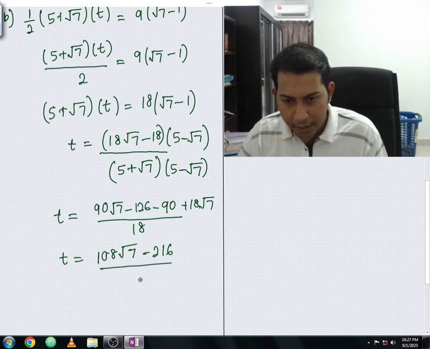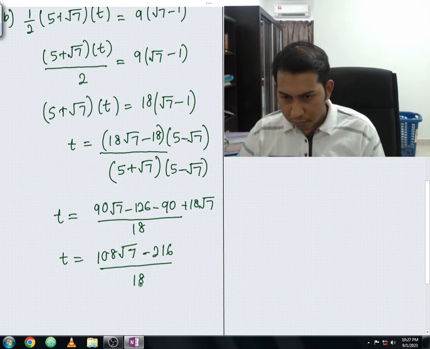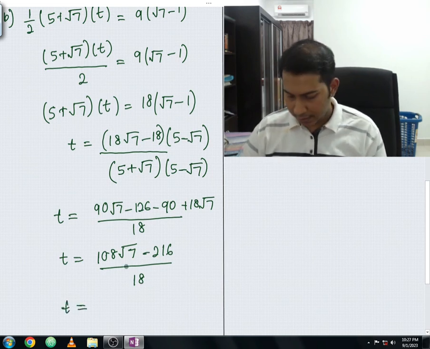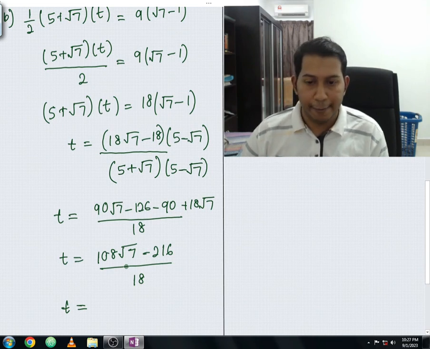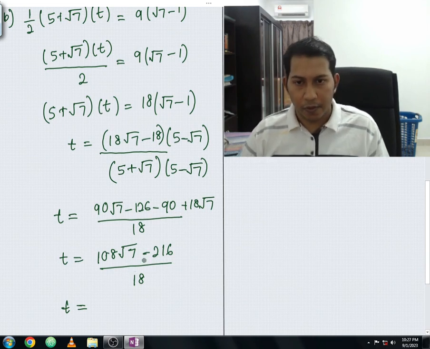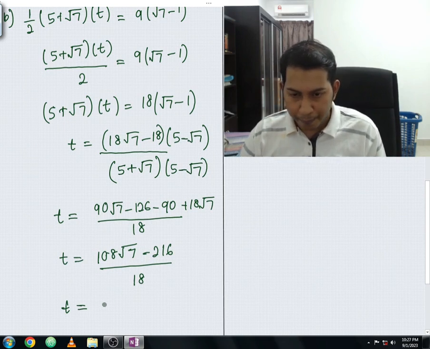Divide by 18. Okay, so from here, can you simplify this? Yes you can. So we can simplify the 18. When you divide the whole thing by 18, let us factorize the 18 from here.